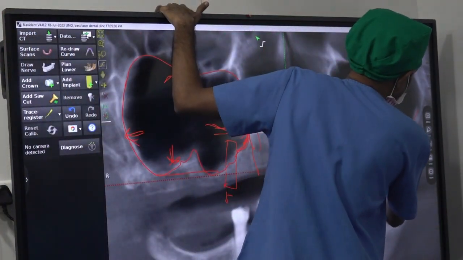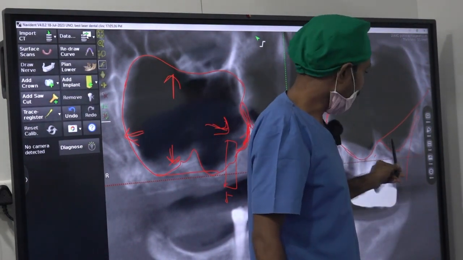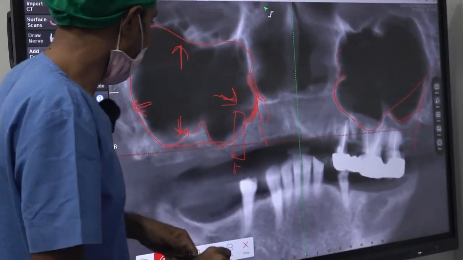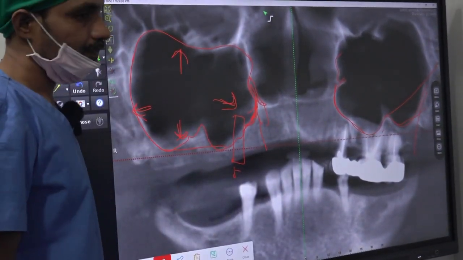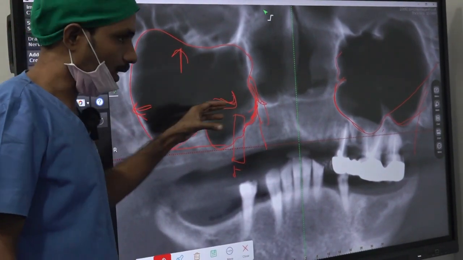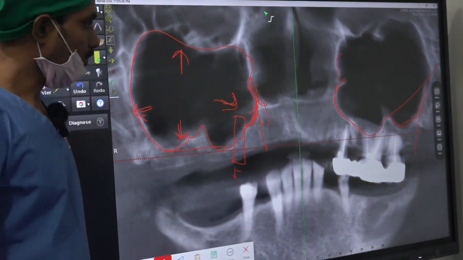If the sinus is still here, we can place an easy pterygoid here. But here the sinus is removing all the tuberosity and going close to the pterygoid. So the sinus is the main problem: how much anterior it goes, how much back it goes, how much down it goes.